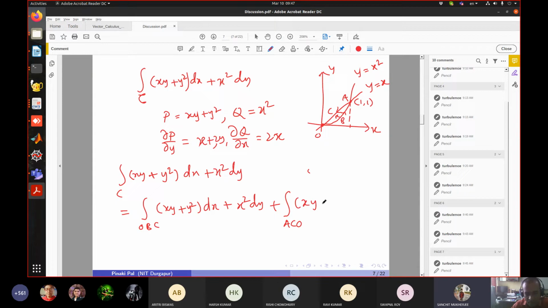Integration from 0 to 1, x square to x, that I will do. Let me first write in terms of this. OBA, yes, today I am doing lots of mistakes.